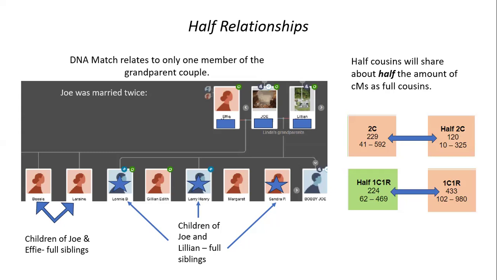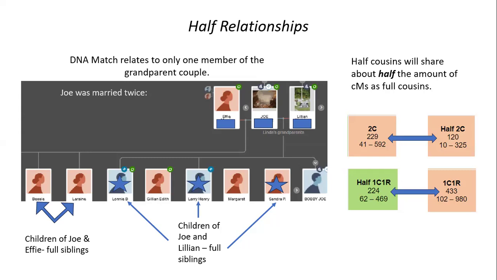Okay, so if you look at these, a second cousin on average shares around 229 centimorgans, but there is a range of people showing up as second cousins from 41 to 592. That's a big range, isn't it? So you want to look at what's closest to the average. For the half cousin, it's about half of that, about 120.